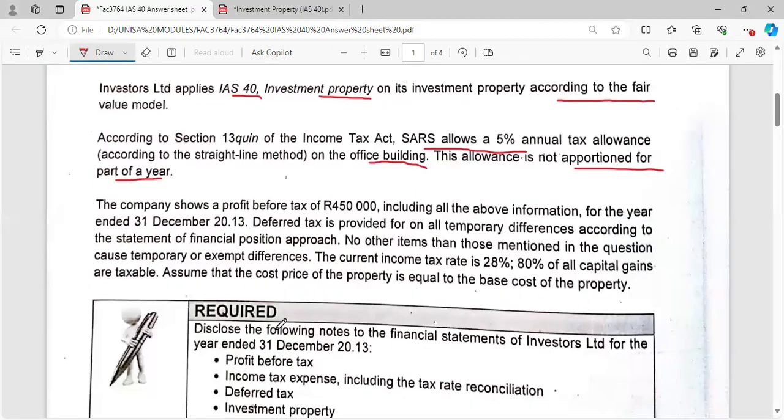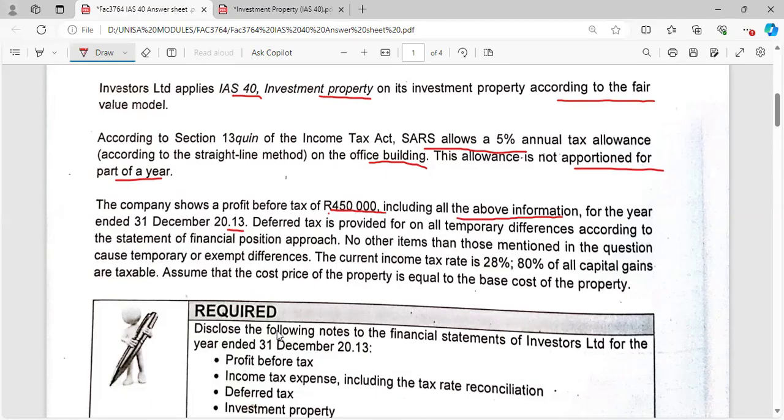The company shows a profit before tax of 450, including all the above information, which means all the information from the top until here. Everything that has to increase the profit is in this profit. For the year ended 31 December 2013, deferred tax is provided for on all temporary differences according to the statement.